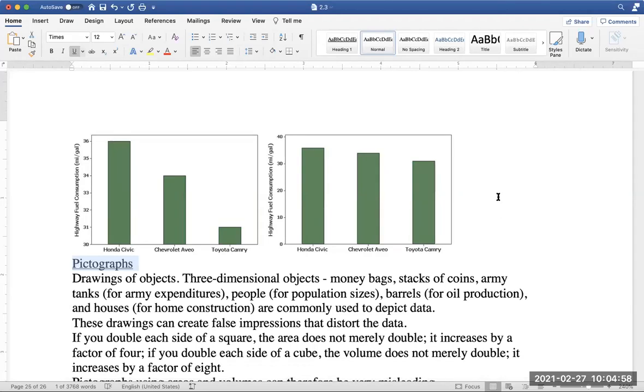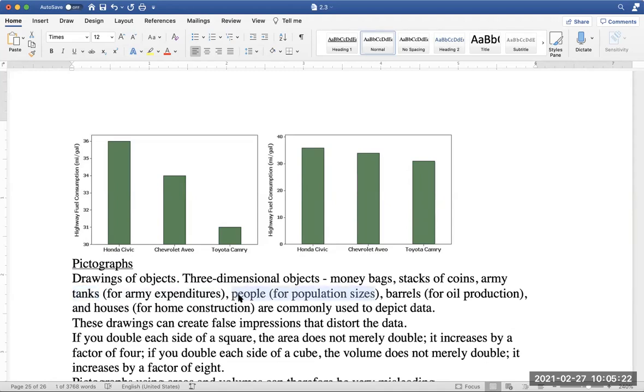So what they'll do is they'll stack a whole bunch of houses upon each other to depict the frequencies or whatever, or say for tanks. So for army expenditure, yeah, I've seen that one. I don't have that here, where they have tanks sort of stacked upon each other.